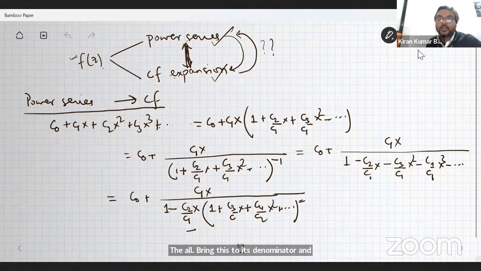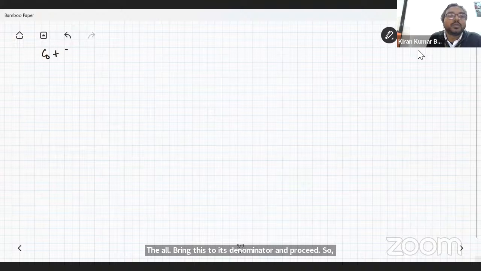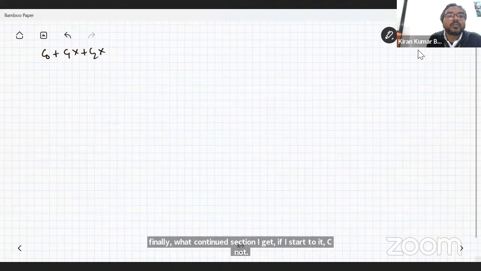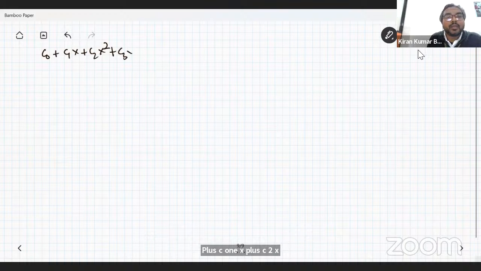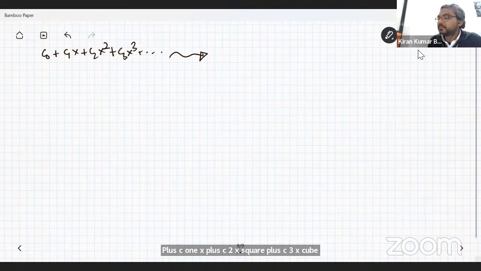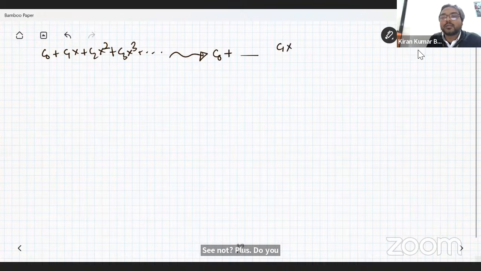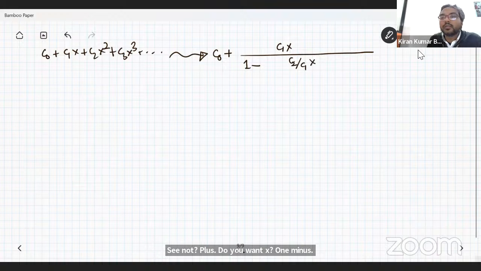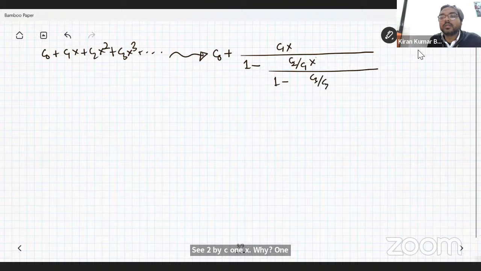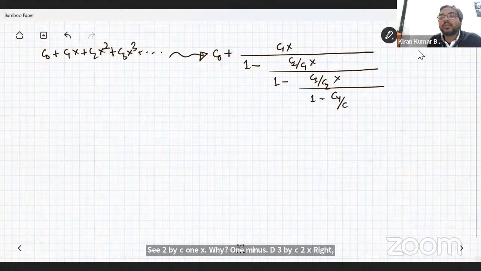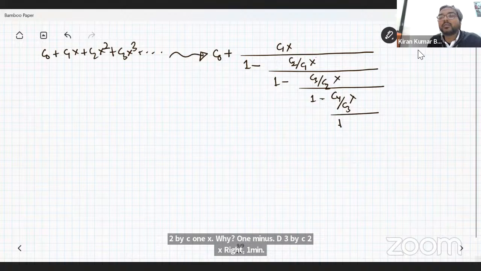So finally, what continued fraction do I get? If I start with c0 plus c1x plus c2x square plus c3x cube, I'll get this continued fraction: c0 plus c1x by 1 minus c2 by c1x by 1 minus c3 by c2x by 1 minus c4 by c3x by and so on, right?